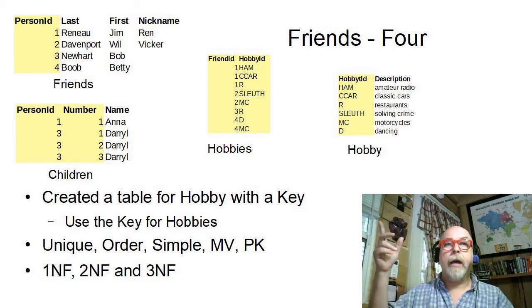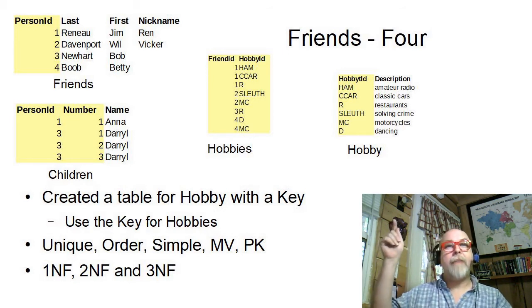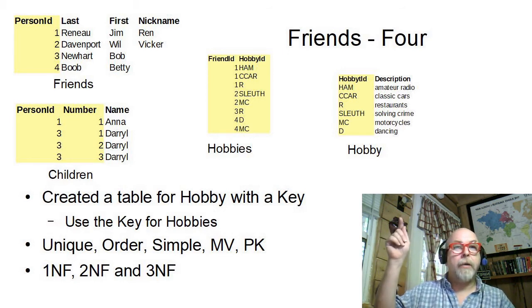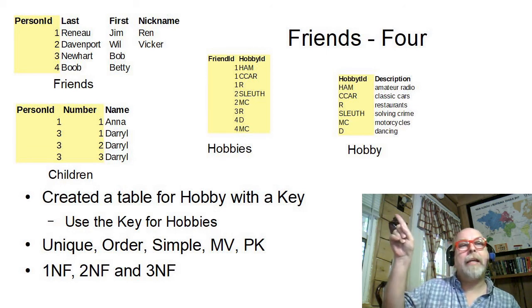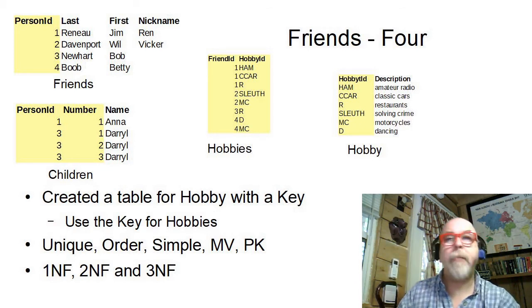That way, in my hobbies table, I can just save the friend ID and the hobby code. So it's now a really nice primary key over here in the hobbies table. There's a really nice primary key in the hobby table.